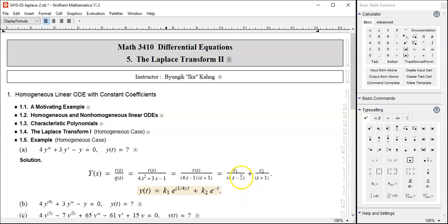Is that clear here? The zero of the denominator is 1/4, so that's what I'm going to get. And here, the denominator is negative 1, so that's what I'm going to get. That's the solution. Was it easy?